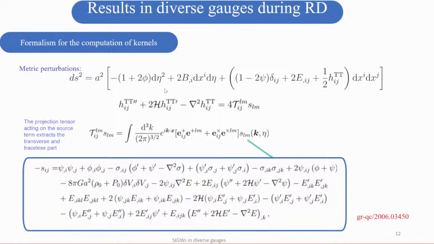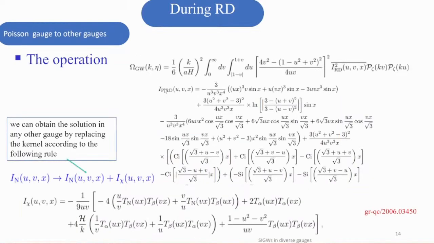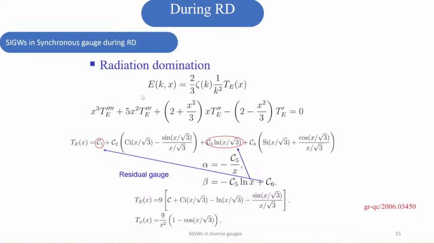So here we have just the scalar part. Basically this E is our scalar perturbation. So we have just a time derivative of this scalar part.